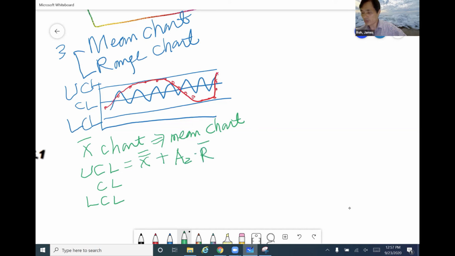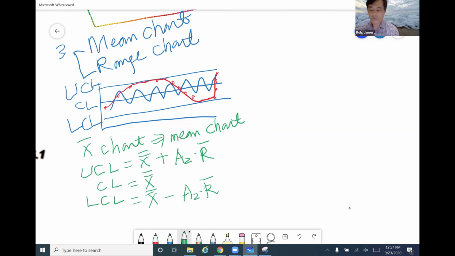The center line is simply X double bar. And the lower control limit is X double bar minus A2 times R bar. That's your formula for this.